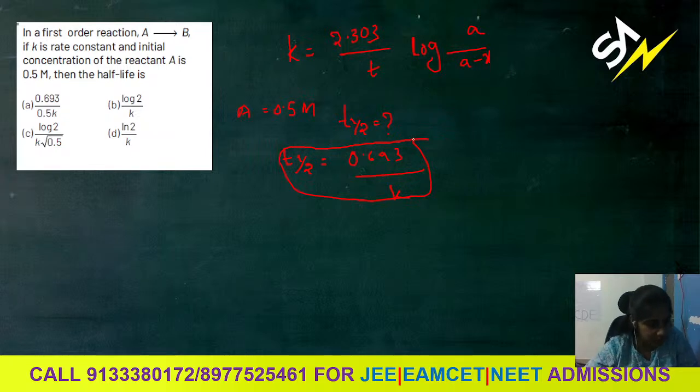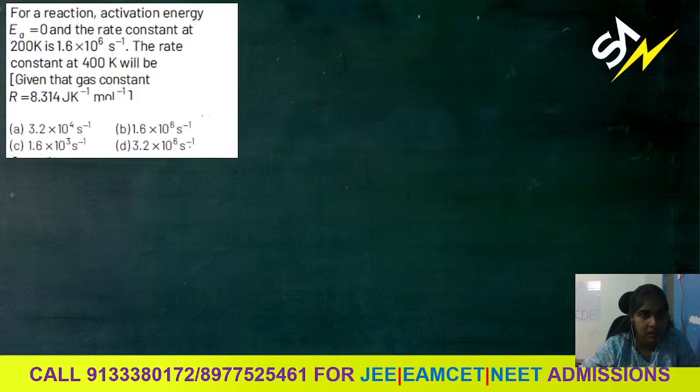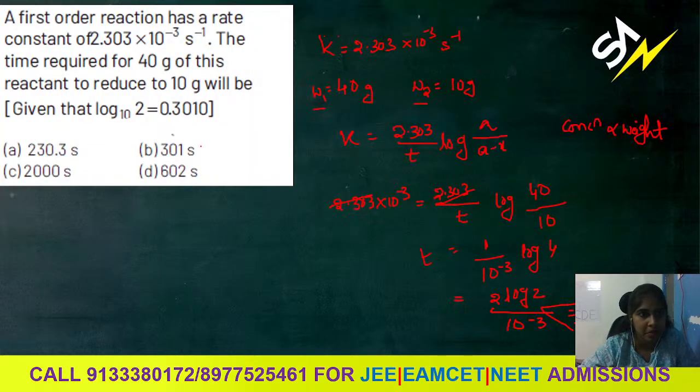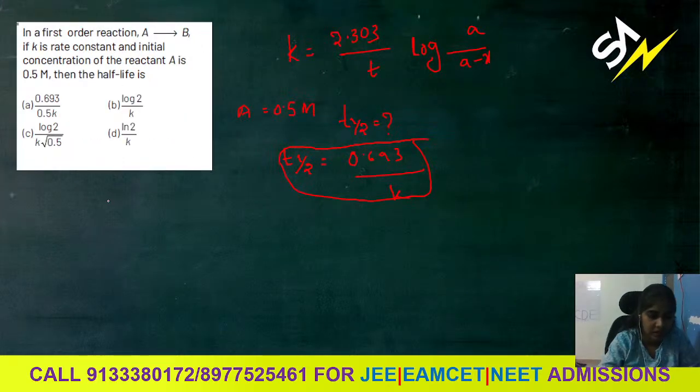So what you need to do is take the formula, let us see the formula here. If K is the rate constant and initial concentration of the reactant A is 0.5 molar, and apply this equation, we will get the T half value.